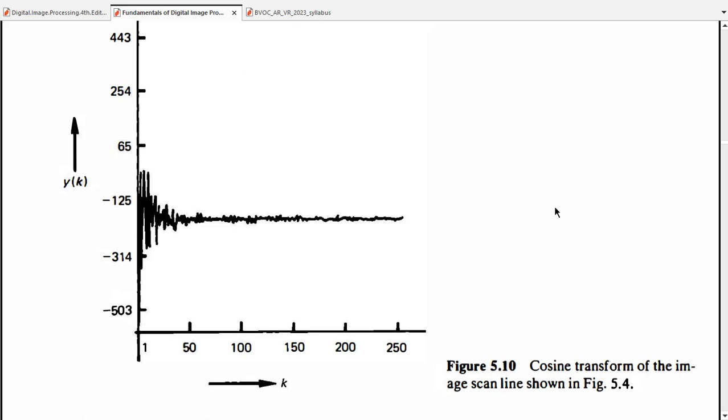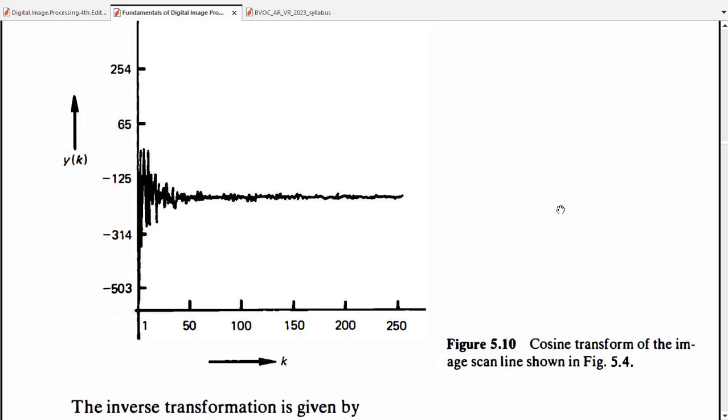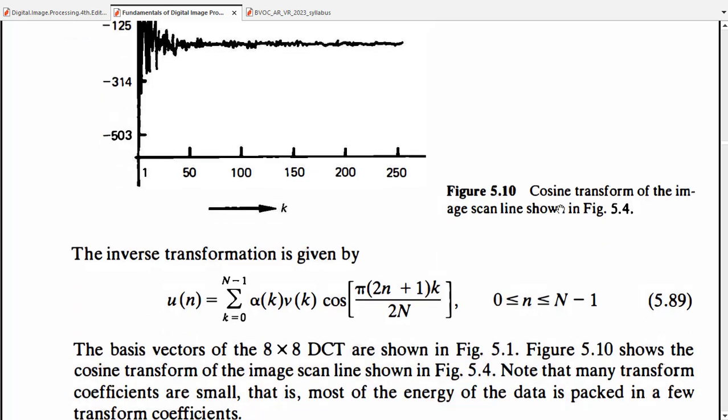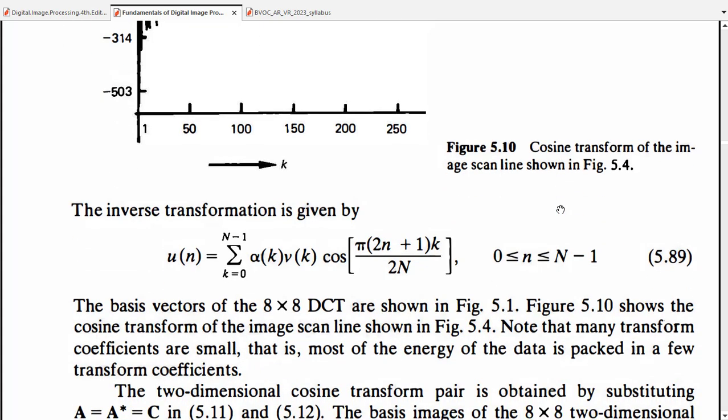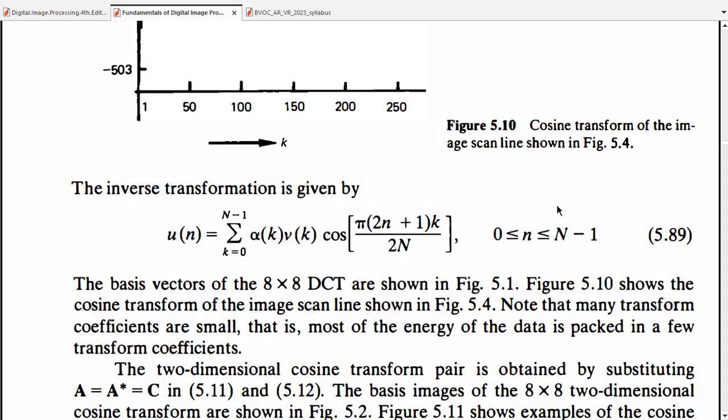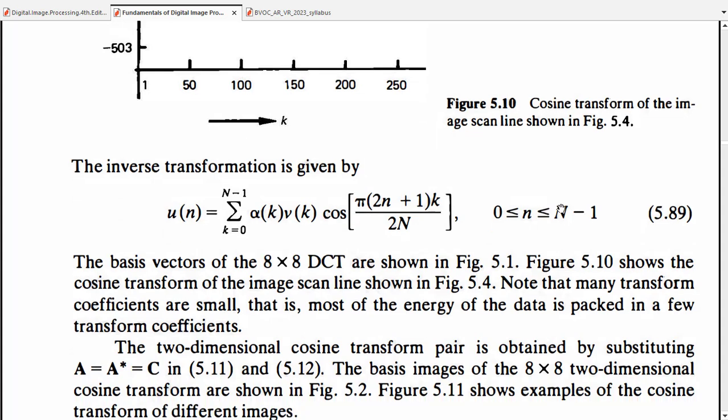Here k is the index along the line of intensity values, and the result is the cosine transformation. The inverse transform is u(n), represented in terms of cos theta and the alpha value.